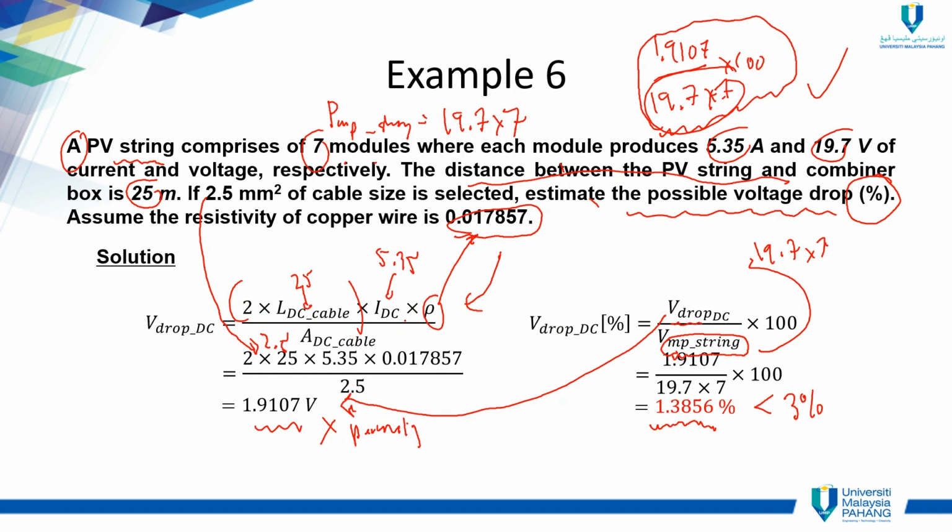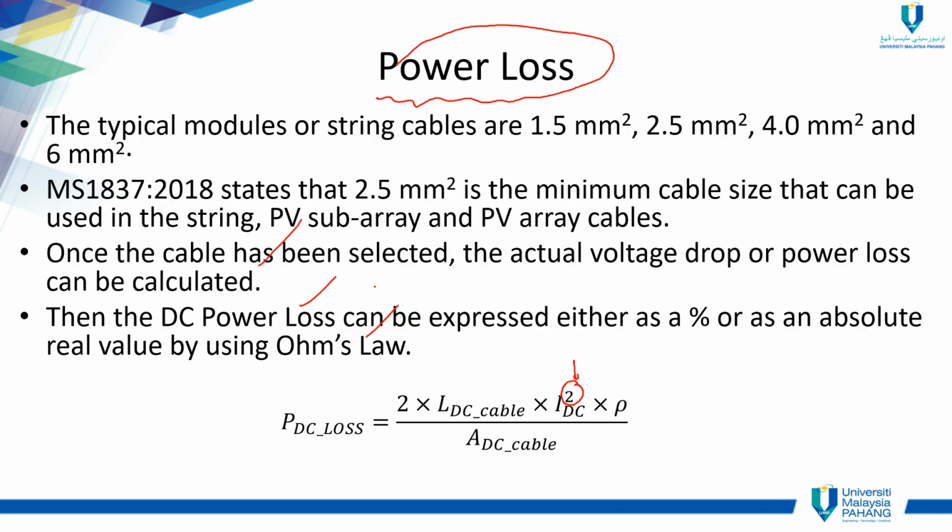Just now we didn't have any squared term here, but now we have the square. Then we can get the power loss. Remember, we focus only on the DC side. I'm following the book published by SEDA for the GCPV course. Correct.